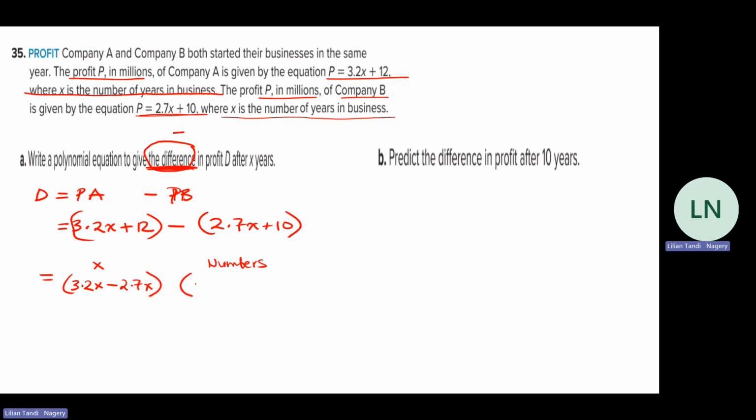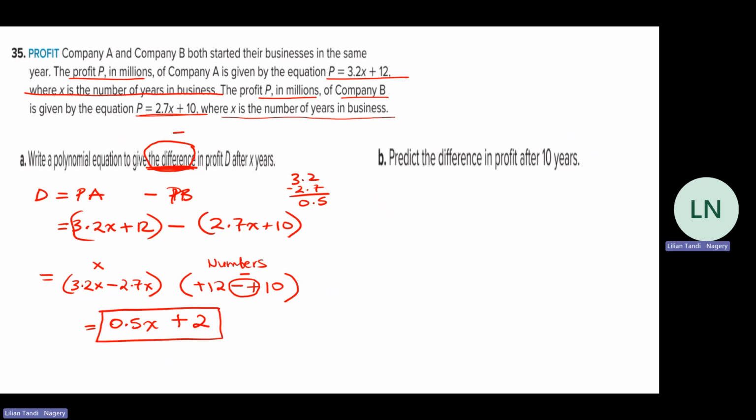And then my numbers are 12 minus positive 10. This becomes minus. So 12 minus 10 is positive 2. Then 3.2 minus 2.7 should be 5 here and 0. So this will be 0.5x. And you box your answer.